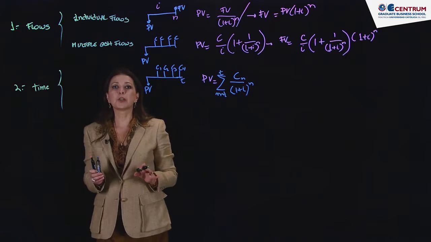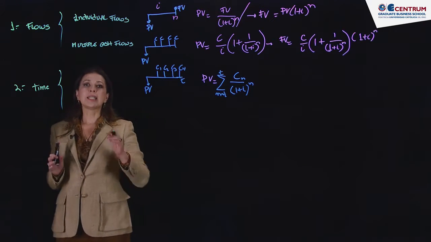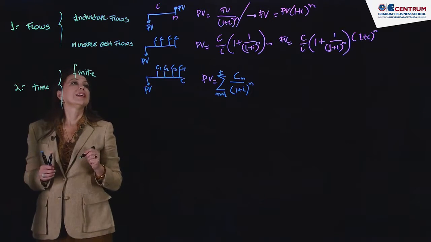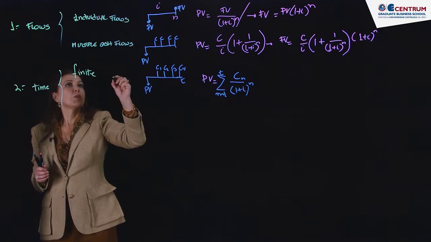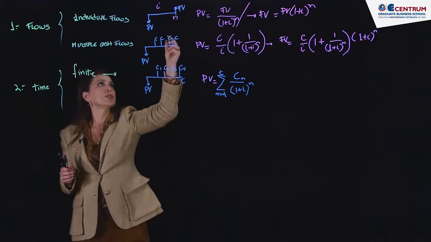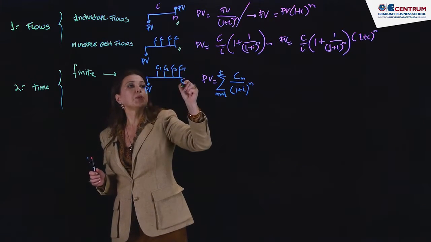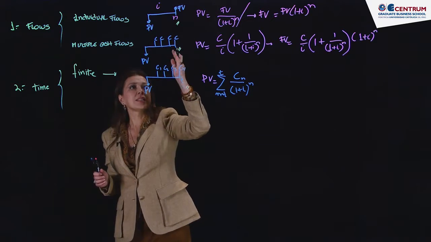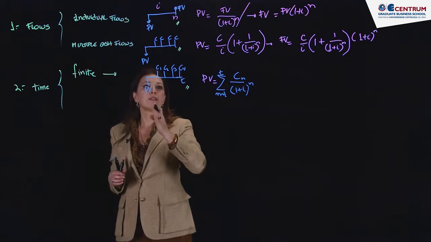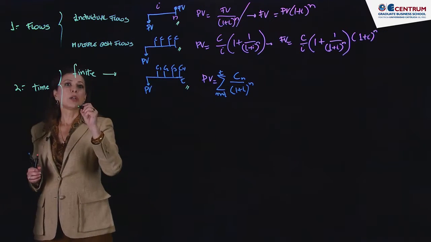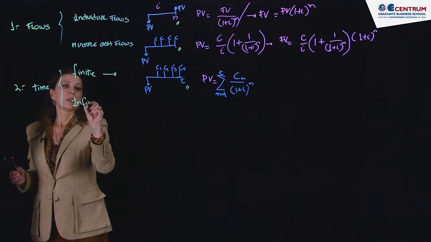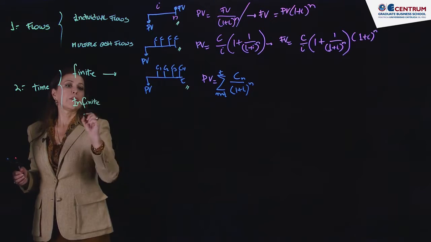We can be referring to finite time, something that will be exactly the same that we have been seeing here, because in all these cases, we have been reviewing something that ends in a period of time. So that's with finite flows. But we could also be looking at infinite flows.